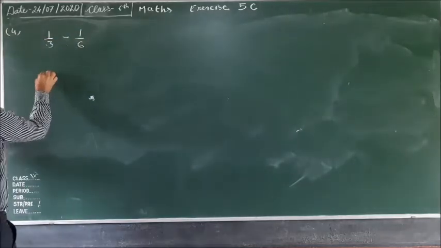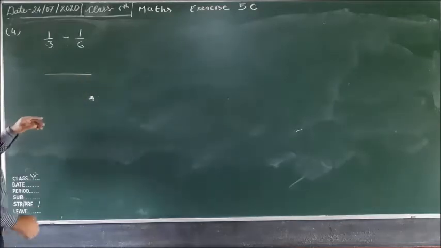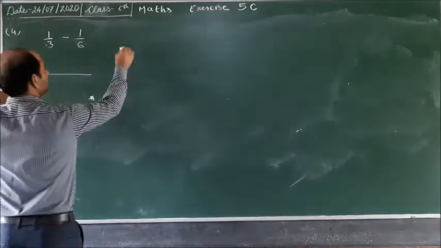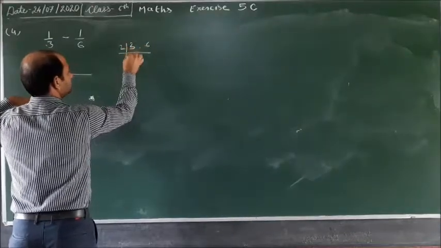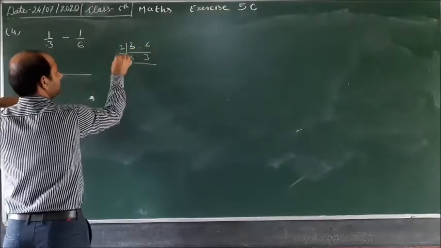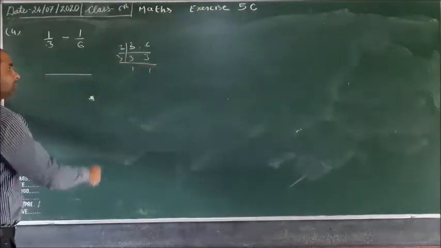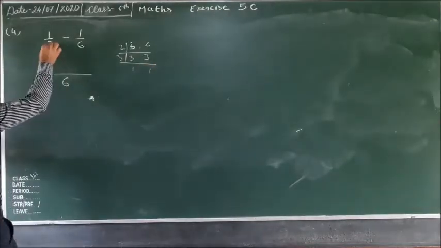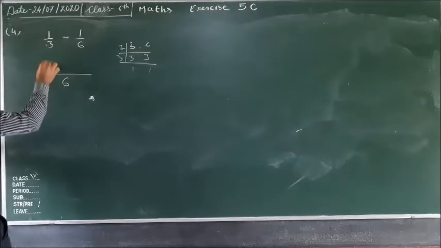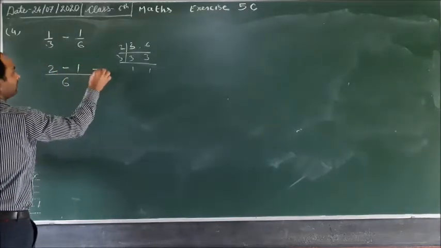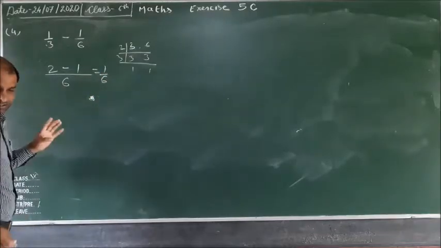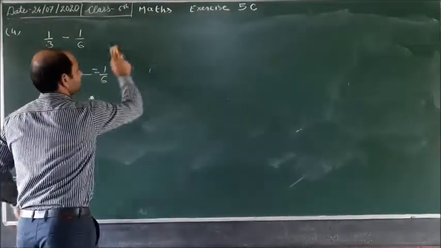Now first we take the LCM of 3 and 6. 3 times 2 is 6. Now 3 times 2 is 6, so 2 times 1 is 2, minus 6 divided by 6 is 1 and 1 times 1 is 1, equals 1 upon 6. This is your answer.